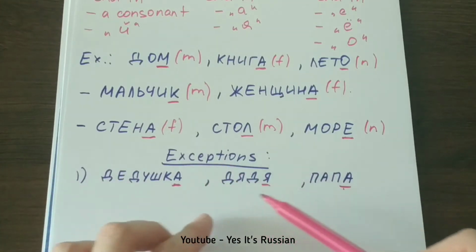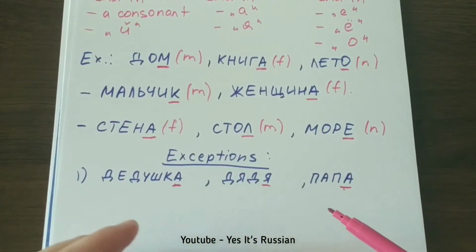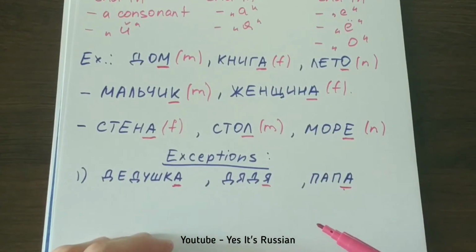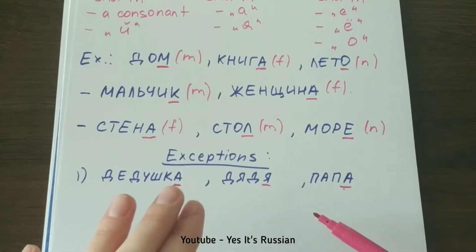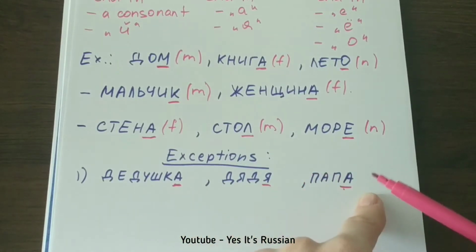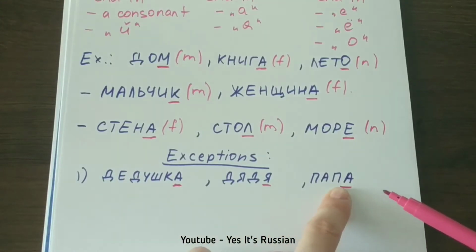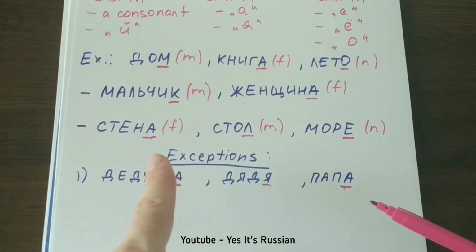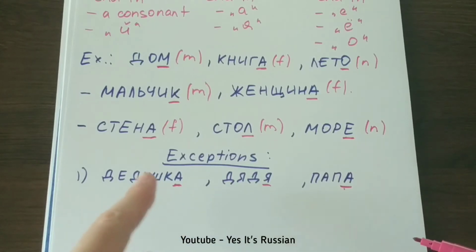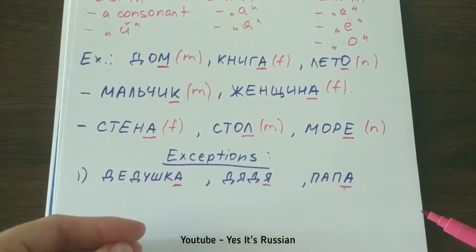If you look at the endings of these three words, they should be of a feminine gender, but these words indicate a human being, so they have to correspond to the biological gender, and that's why the grammatical gender of a noun changes.